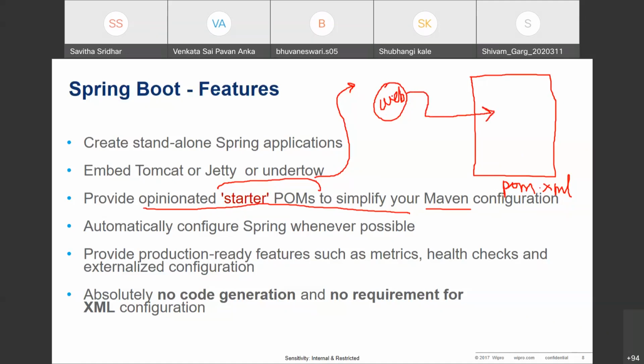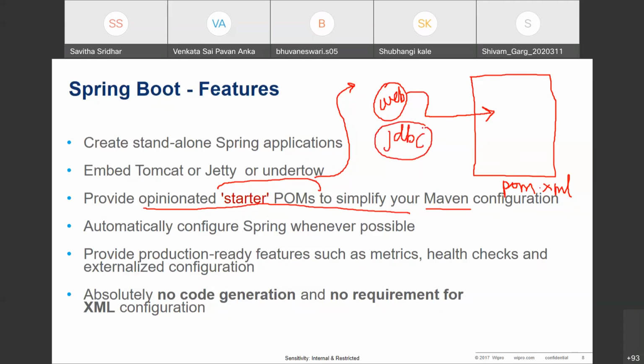Just add this starter module for web as the dependency in your pom.xml and you are ready to use all the web related facilities. Similarly, assume you want to interact with a database. To interact with a database, maybe you want to use JDBC style of interaction. So JDBC also is available as a starter module.